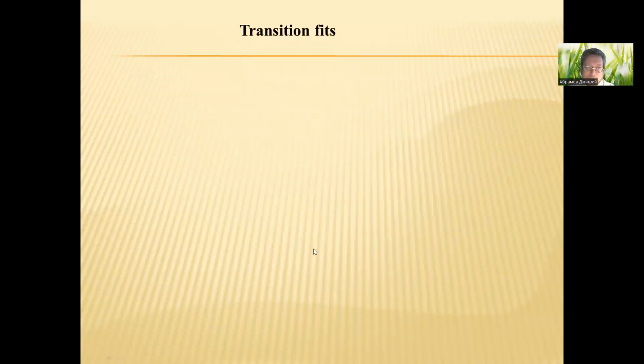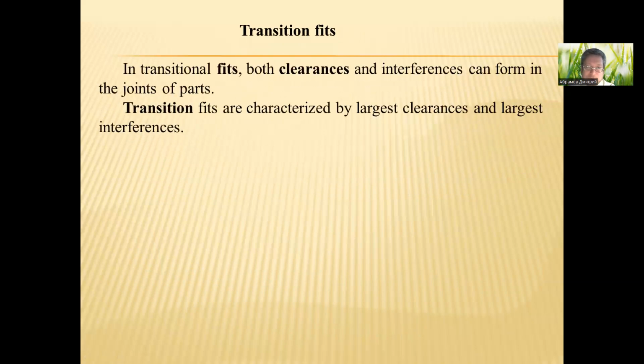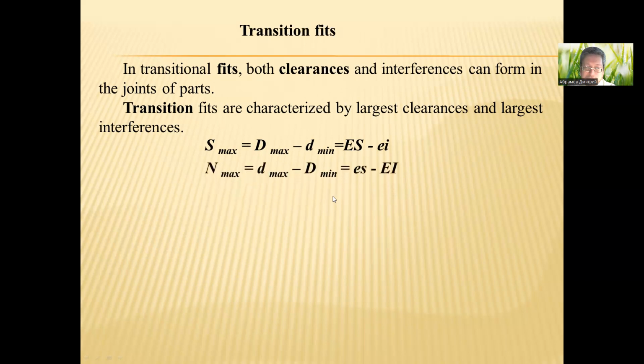Third type of fits is transition fits. In transition fits, both clearances and interferences can form in the joints of parts. Transition fits are characterized by the largest clearance and the largest interference. The largest clearance is equal to the maximum diameter of the hole minus the minimum diameter of the shaft, or it's equal to the upper limit deviation of the hole minus the lower limit deviation of the shaft.